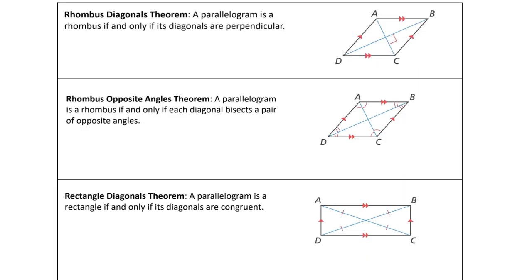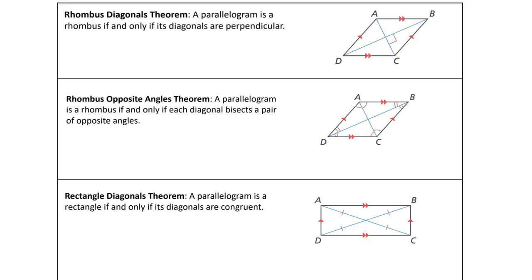All right, so of course we have some new information to learn here. We are learning about the rhombus diagonals theorem. It says a parallelogram is a rhombus if and only if its diagonals are perpendicular. So you can figure out if the parallelogram is going to be a rhombus if you can show that the diagonals are perpendicular. So if you can show that this diagonal makes a right angle with this diagonal. Okay, so if you think about the calculations you would do on a coordinate plane, how do you show that two line segments make a right angle?